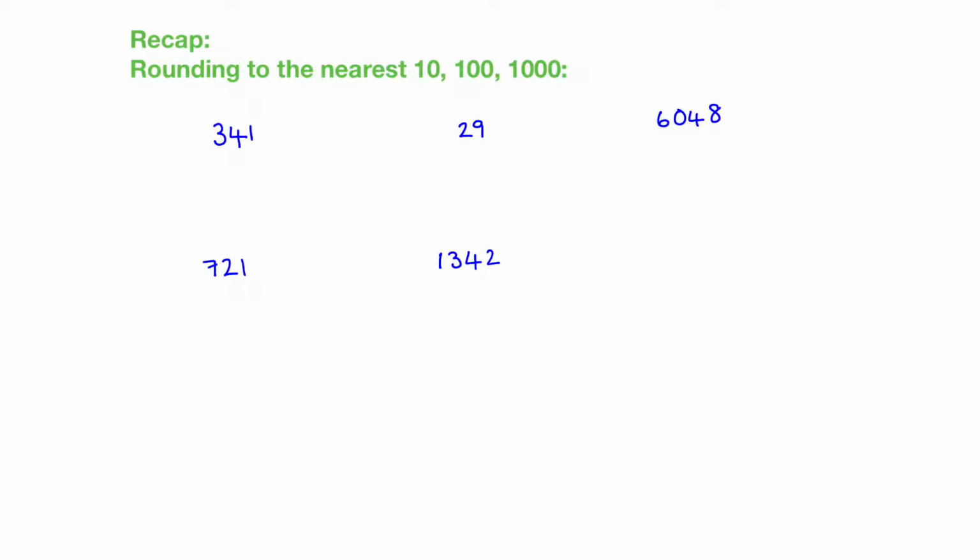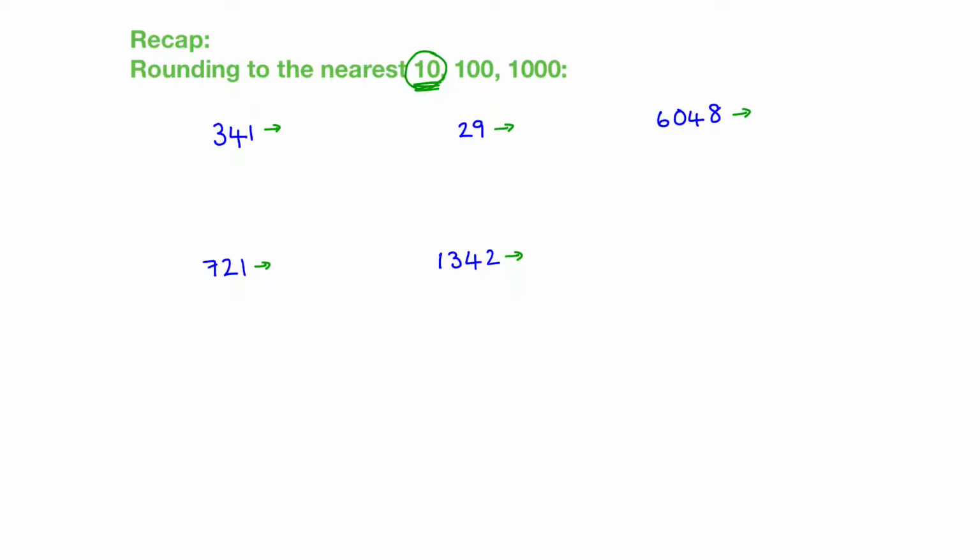Okay. So we're going to round these. First of all, we're going to round all of them to the nearest 10, okay? So we're going to do that in green. So to the nearest 10 is going to be in green. And then we're going to look at nearest 100 and nearest 1,000.